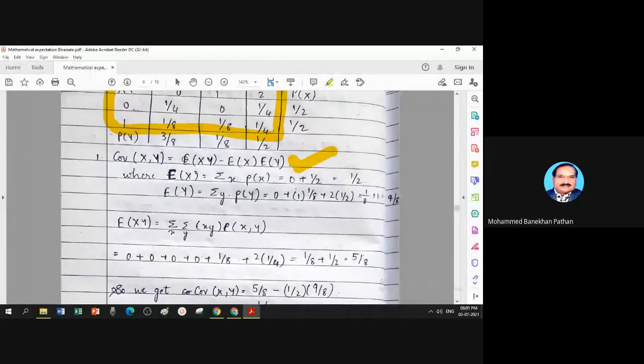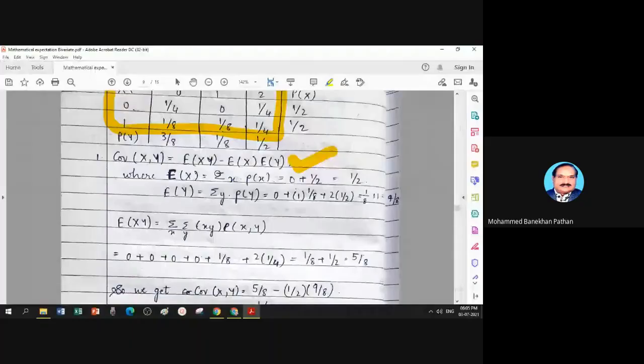What is E of X? From your semester 1, summation X into P of X. X is 0 with this probability, X is 1 with this probability, so it's half. E of X is 1 by 2.